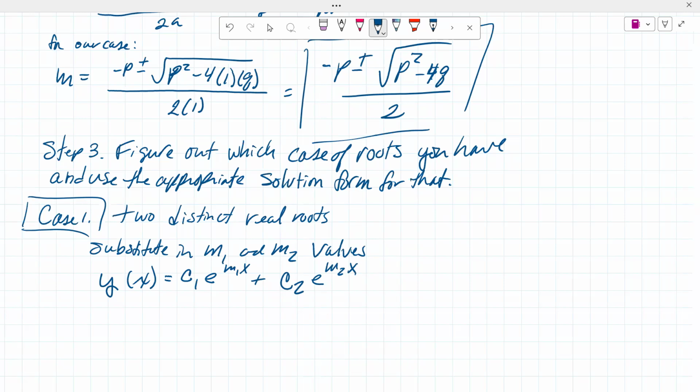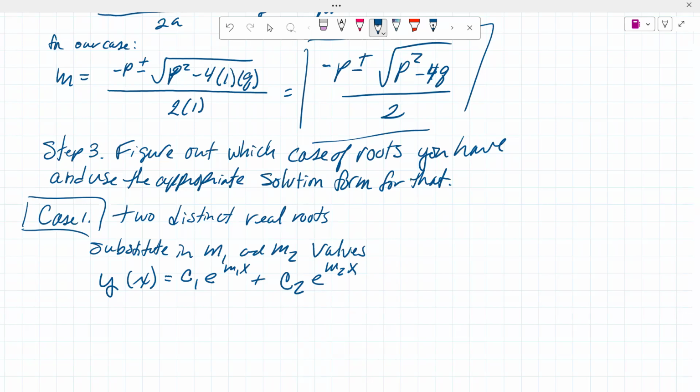Remember we said to solve the differential equation, we're trying to guess some y, which is the variable of the original equation. So here is our functional form. This is the answer if you have 2 distinct real roots, but you can't just copy and paste this equation as written. You need to substitute in your m's for a particular problem, which will work out momentarily.